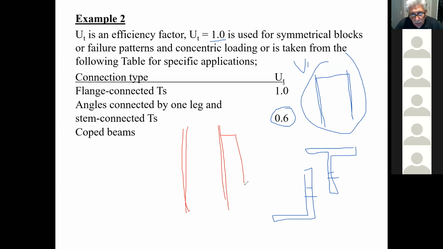This is called an angle connection that you're going to be fastening to your column. Then you're going to have a beam that you are going to be connecting to the column, like this. This is how you're going to be connecting the beam to the column. This is an elevation.